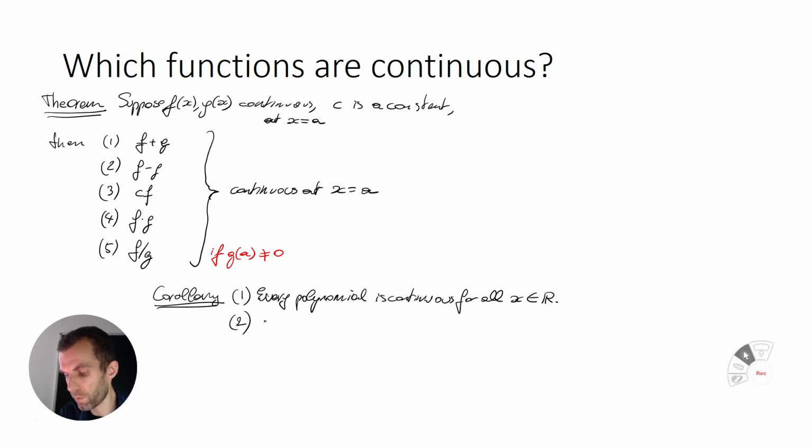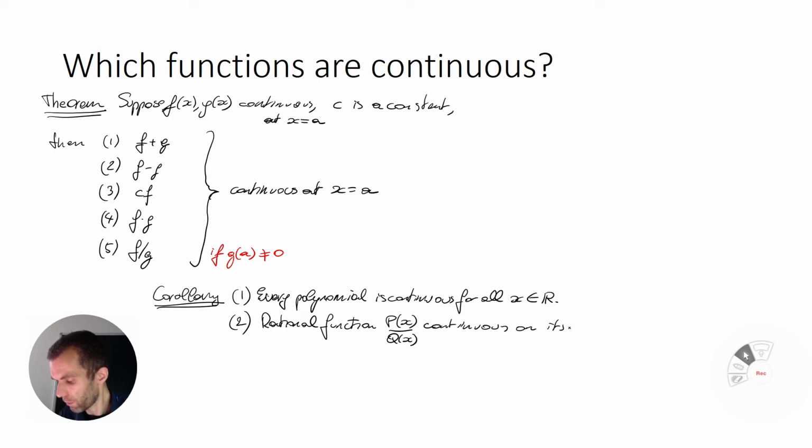And secondly, a rational function, so a quotient of two polynomials, p of x over q of x, is continuous on its domain, i.e. the points x such that q of x is different from 0.